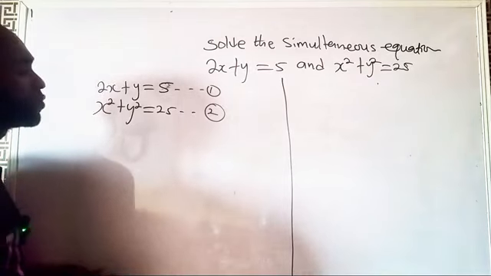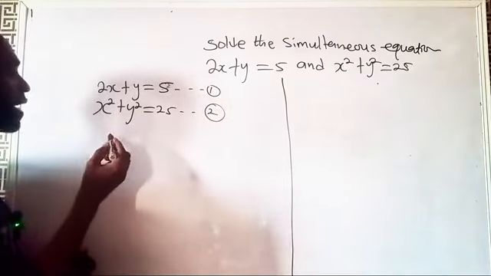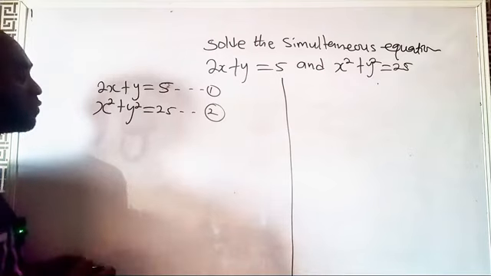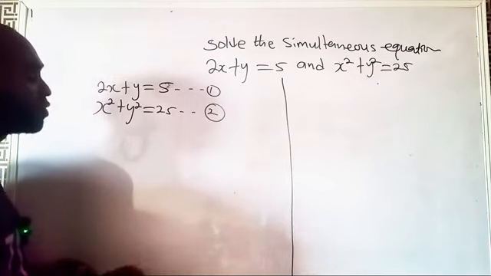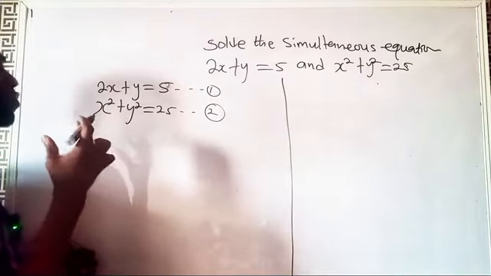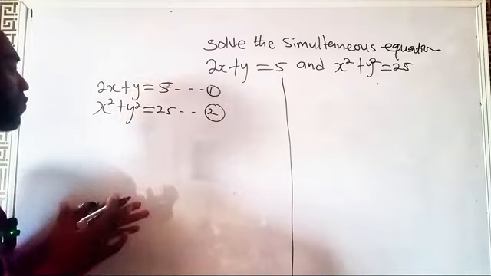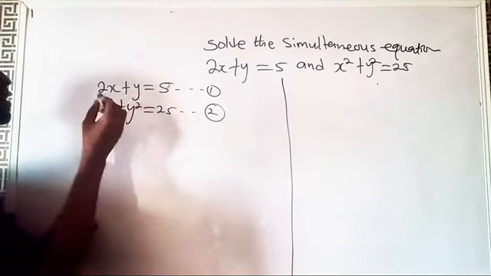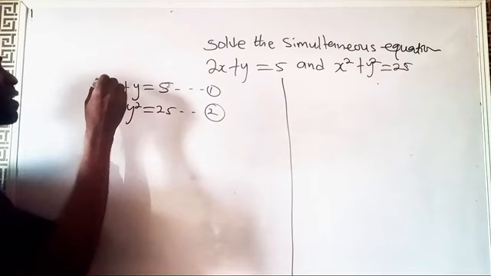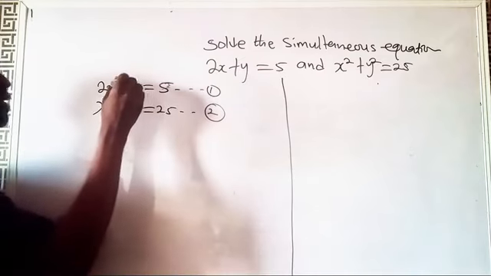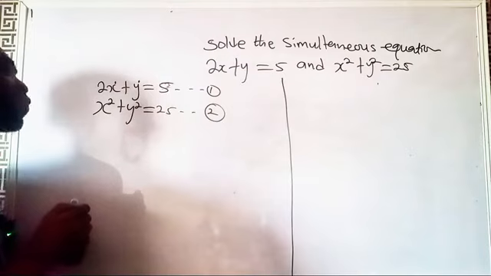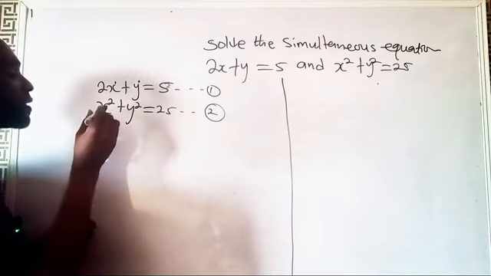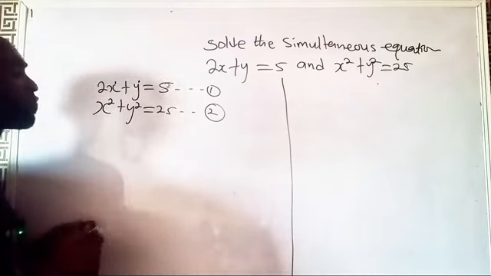Okay. So with this, if you observe, the difference between a linear and a non-linear equation is, in a linear equation, the power of unknown or the power of variables is equal to 1. So if you observe the first equation here critically, you discover that the power of x here is 1 and the power of y is 1. But coming to the second equation, you will discover that the power of x is 2 and the power of y is 2.